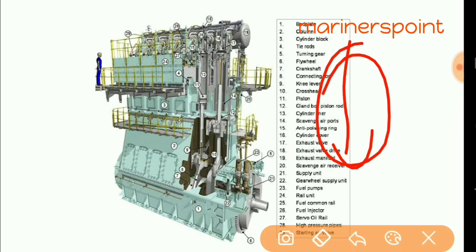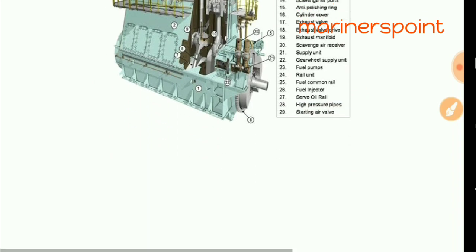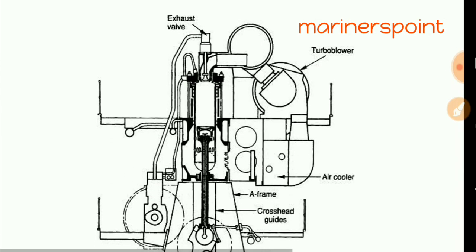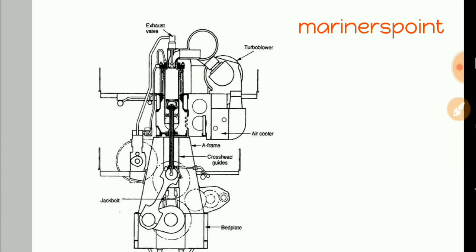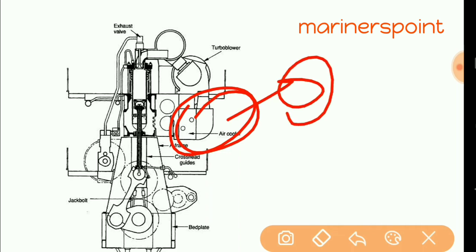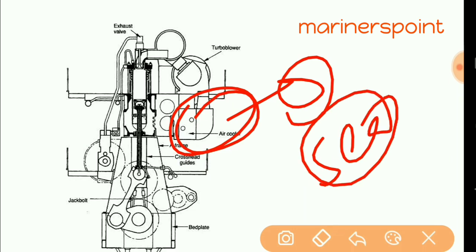Okay, all is mentioned here. Now you can see this figure. I have already told how to identify the air cooler. Okay, and the air cooler is one in which air is cooled by seawater, directly cooled by seawater.